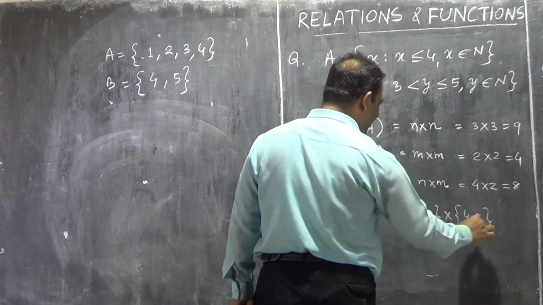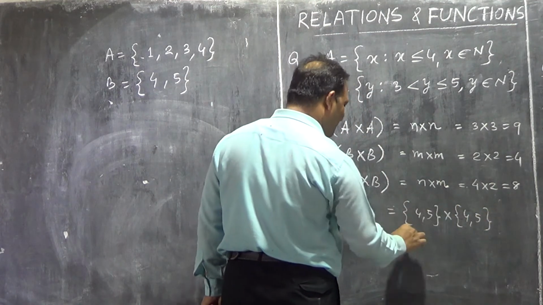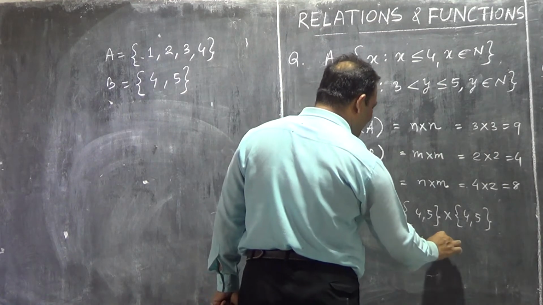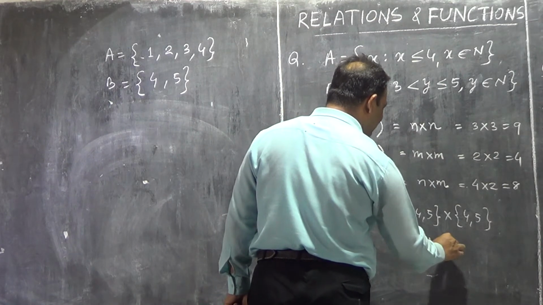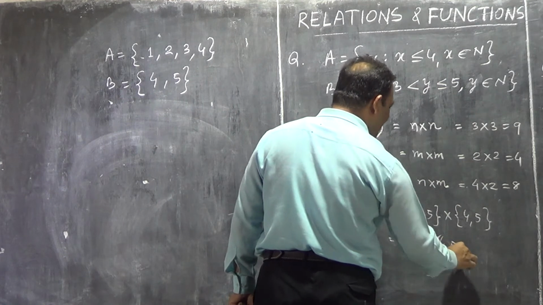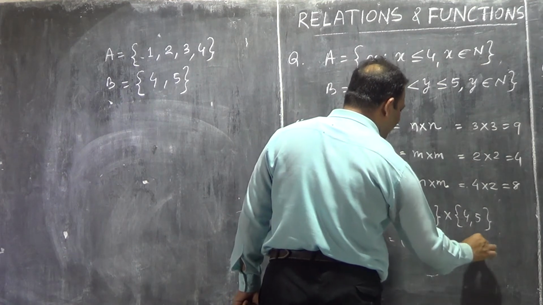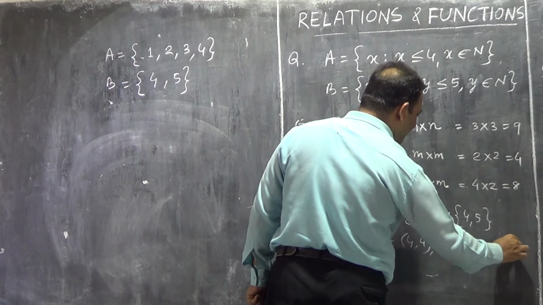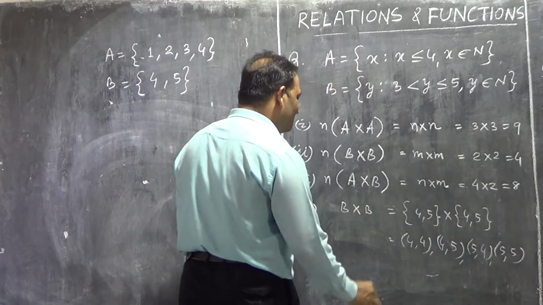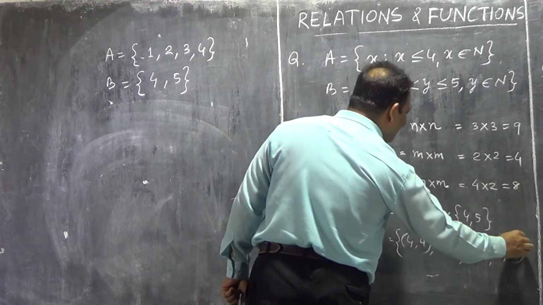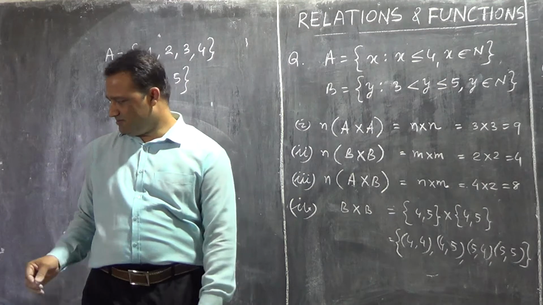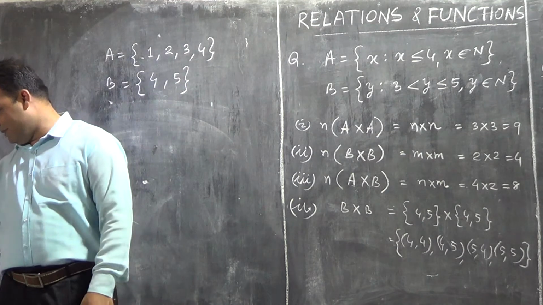So we have to take 4, comma 4, then 4, comma 5, then 5, comma 4, and 5, comma 5. So this will be the answer B cross B.